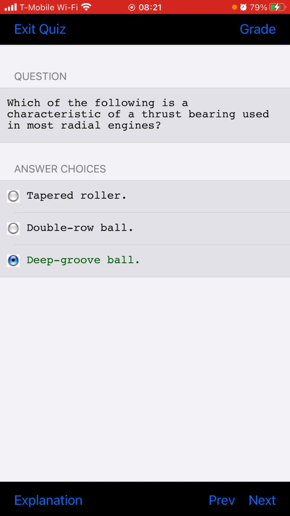The results of compression tests determine if the valves, piston rings, and pistons are adequately sealing.